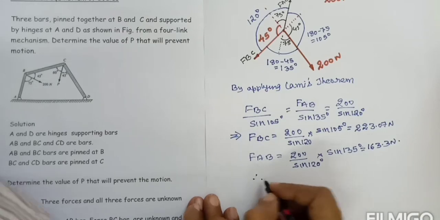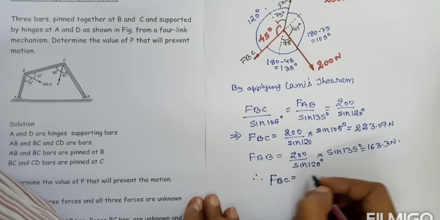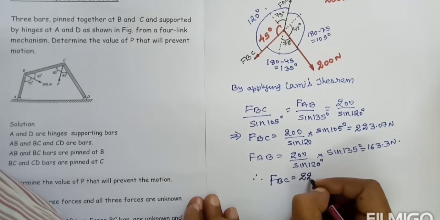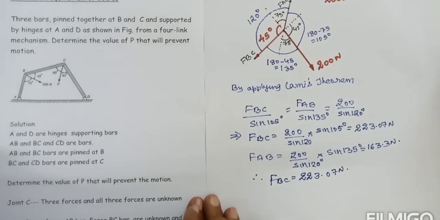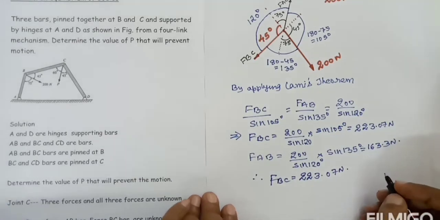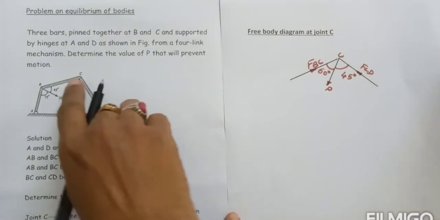Therefore FBC is equal to 223.07 newtons. This value is to be used while considering the free body diagram at C. Now we will consider the free body diagram at joint C.